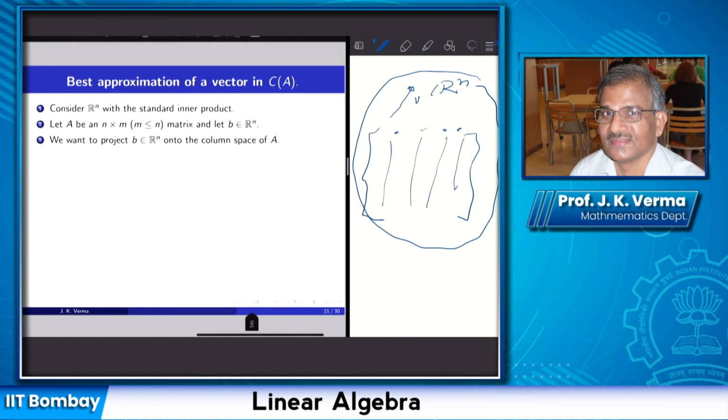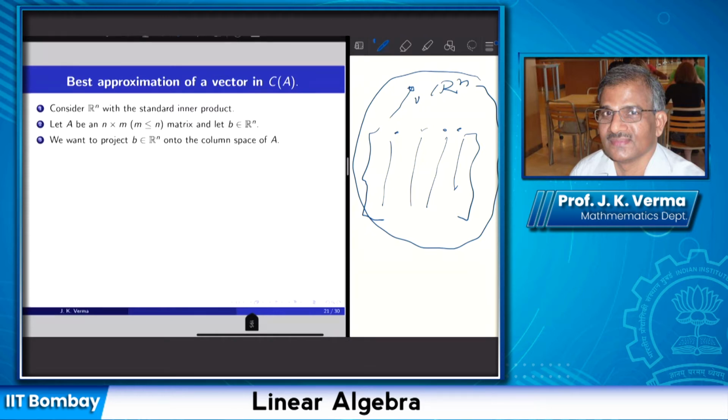We have a tall matrix, the number of rows is much more than the number of columns. In applications we usually come across tall matrices, and many problems reduce to finding the vector in the column space which is closest to a given vector in Rn.